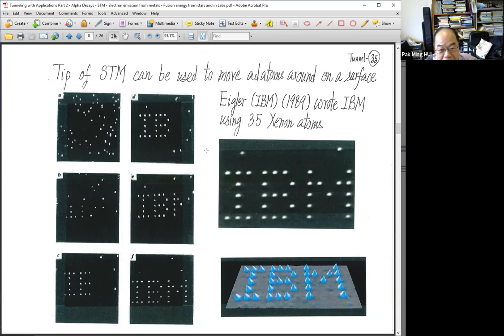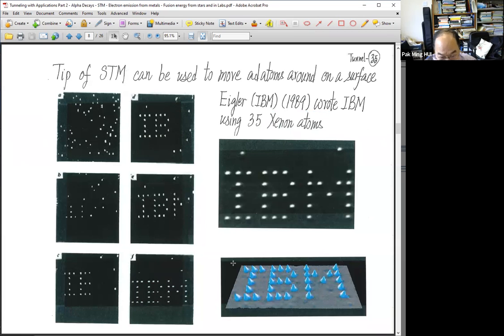and put it down in another place. So here is a very famous experiment. There are 35 xenon atoms put on a surface, and then the experimentalists used the tube of the STM to transfer them one by one and put them into IBM. Of course, you know who did this experiment, huh? The IBM lab, okay?